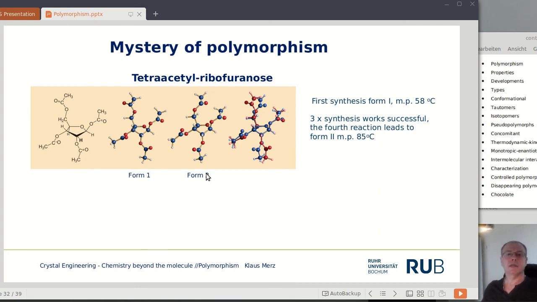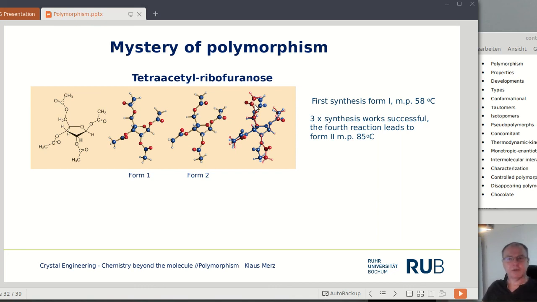Form 2 has a little bit higher melting point, 85 degrees, and you see this is a conformational polymorph. Very nice. You see here the difference in orientation of the acetyl group.